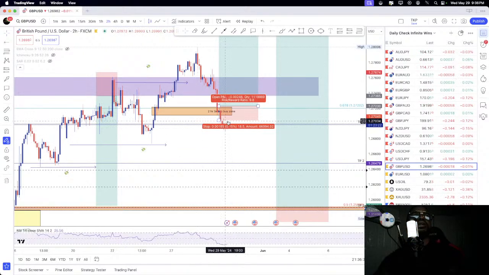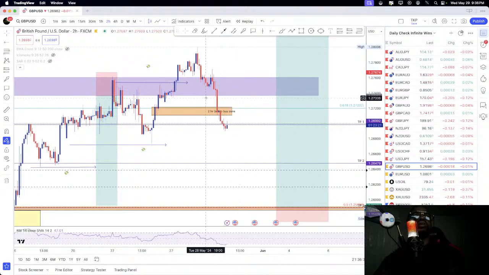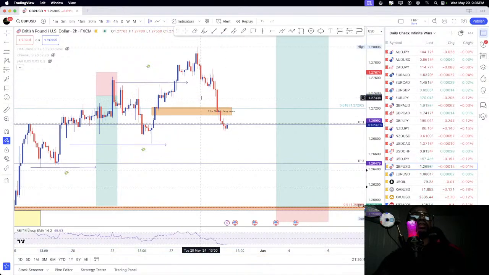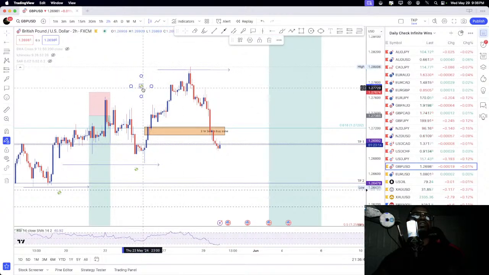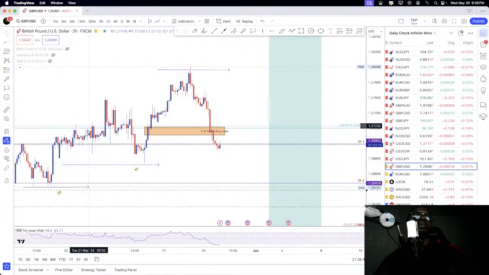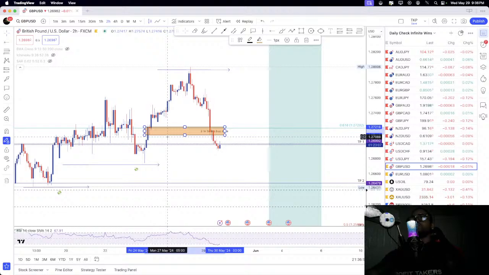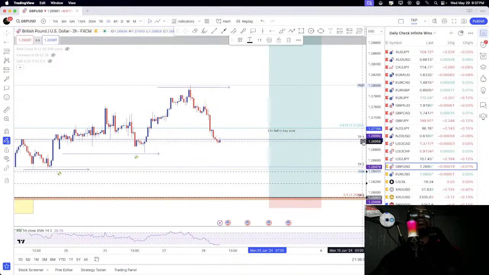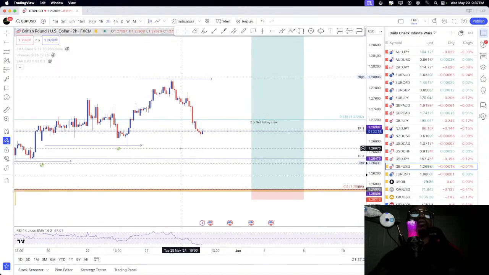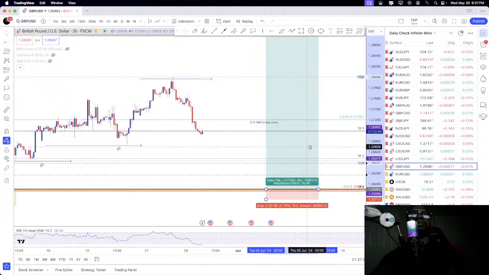Okay, so pretty much the same thing going on with pound USD. It's looking for sells early last week. Price moved up just a little bit just to knock us out, teach us some lessons, and now it looks like she wants to give us that rejection that we were waiting for.